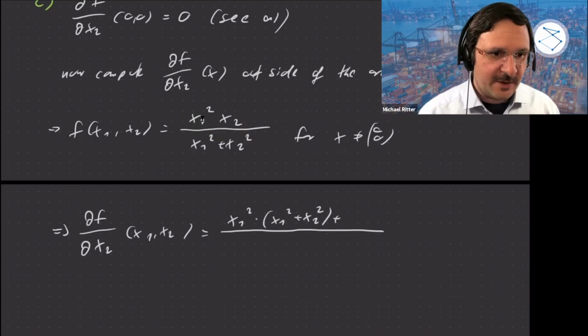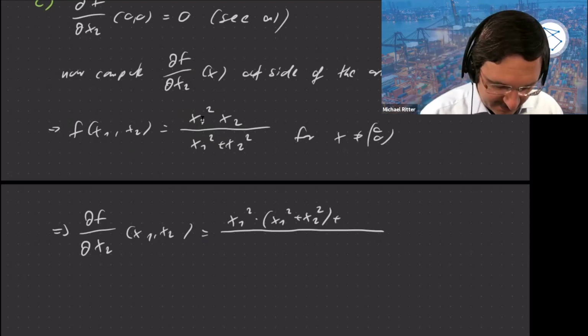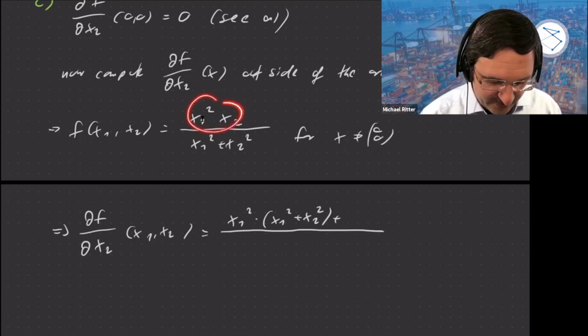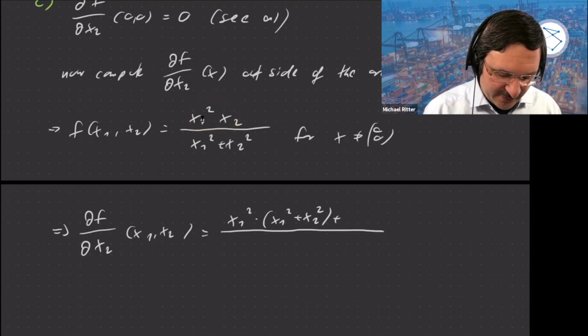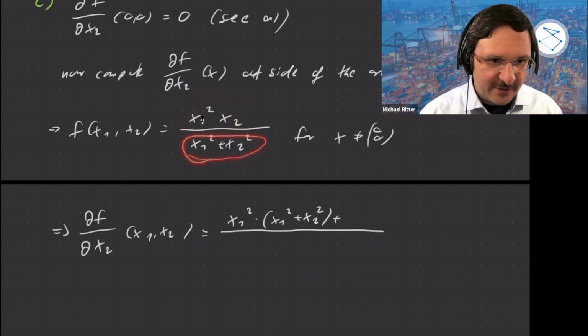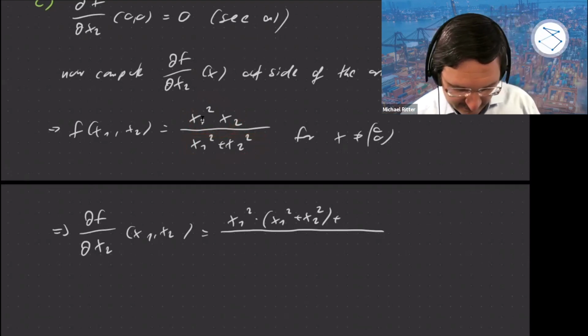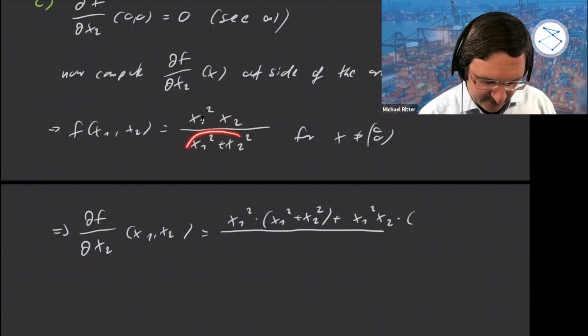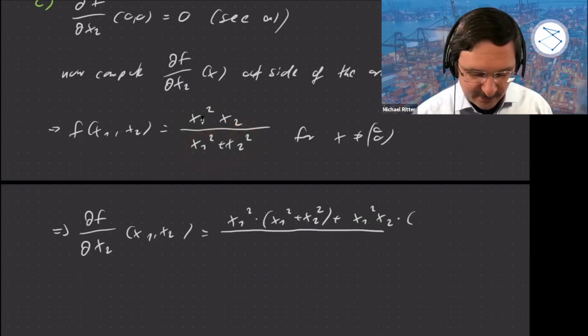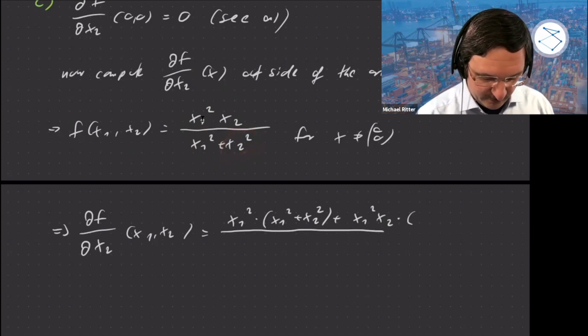And then we do the opposite, meaning we keep the numerator and multiply by the derivative of the denominator. So the numerator is x1 squared x2, and we multiply with the derivative of this denominator with respect to x2, that would be 2x2.